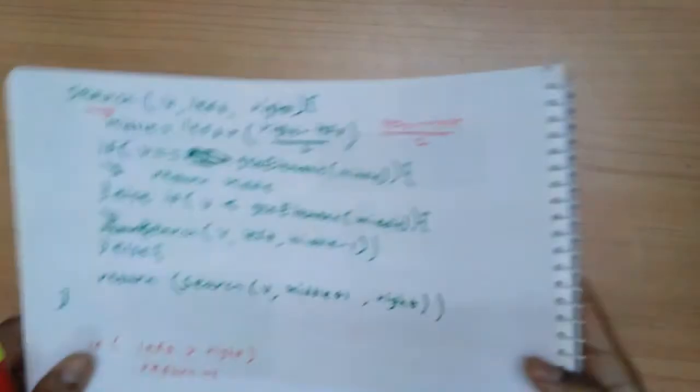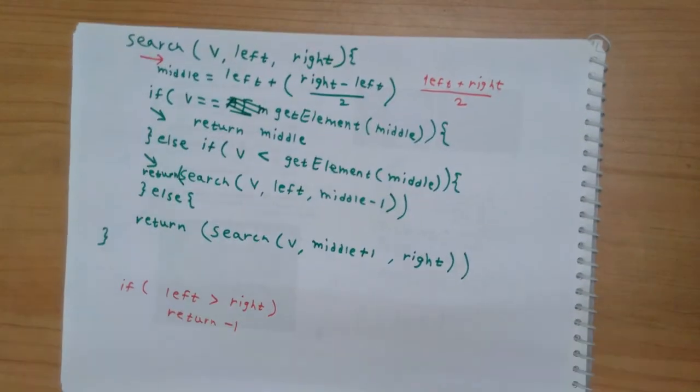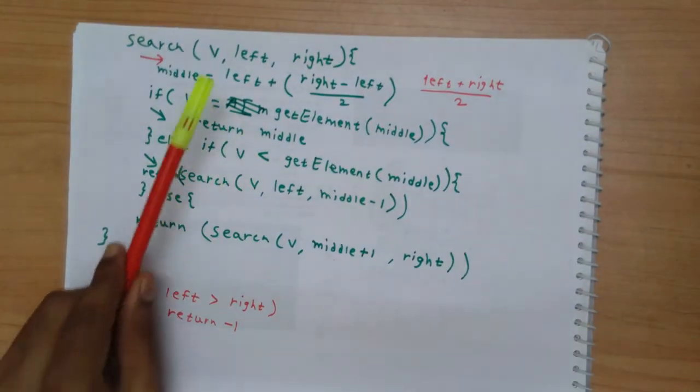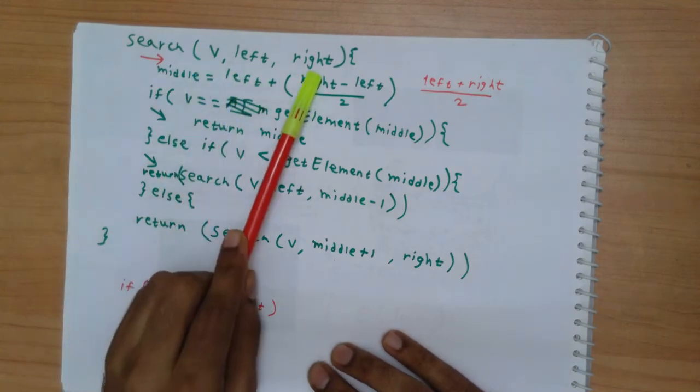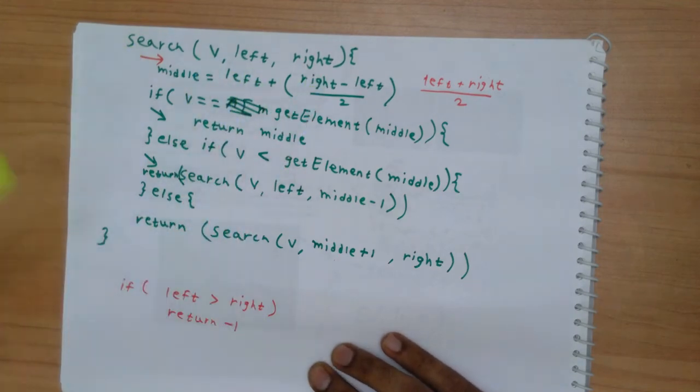In the previous video, we talked about how to do binary search over an array in a recursive manner. Our idea was that we search for a value v from the left index up to the right index, and we check if left is greater than right.